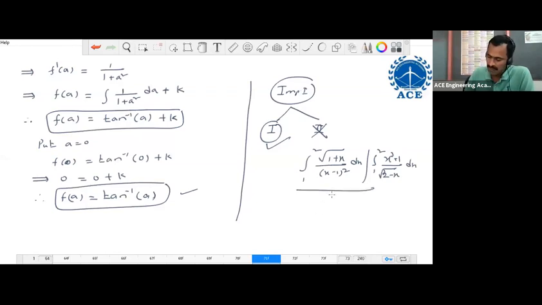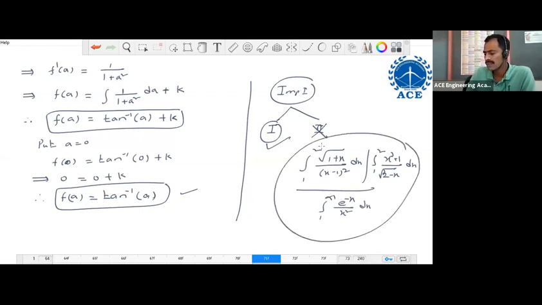Next, integral 1 to infinity e power minus x by x square dx. This problem is another type, the second model. Here, all three are improper integrals. This is a first kind improper integral because of the infinite limit. The other two are second kind improper integrals. This function is infinite at the lower limit.